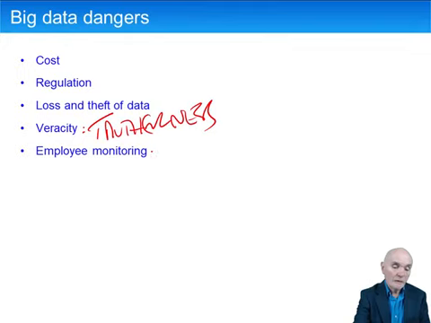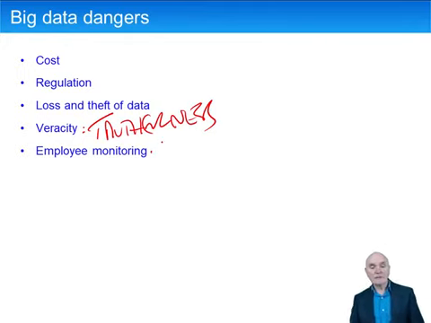And the final one that people talk about a little bit is employee monitoring. This is monitoring employees at work. So if you can, maybe because of an identity badge which has a little transmitter in it, so to speak, you can trace where anybody is at any time of day.